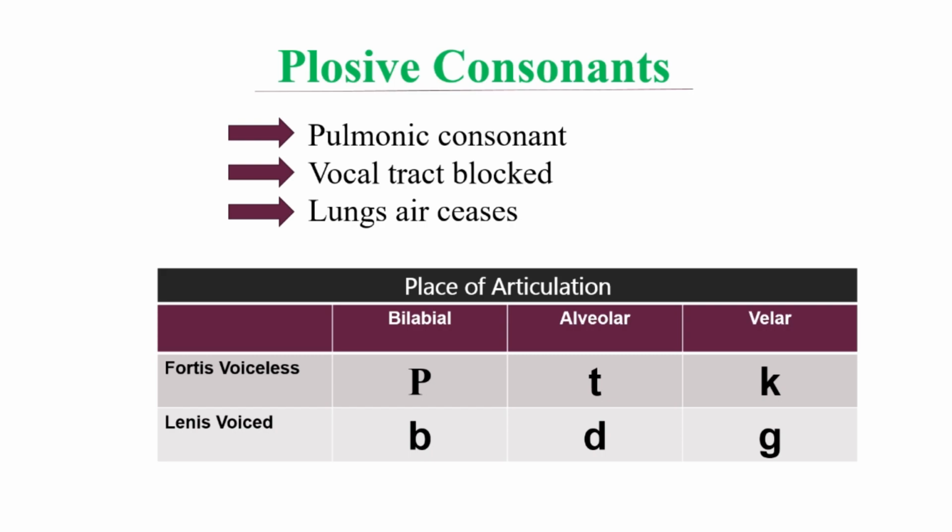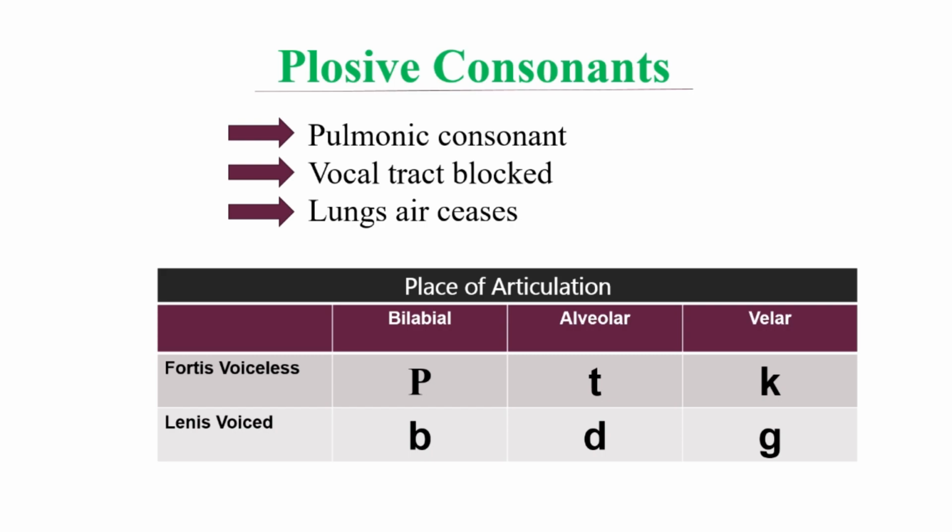You see on the screen that pa, ba is a bilabial sound, ta, da is an alveolar sound, and ka and ga are velar sounds. And you also see two terms, fortis is voiceless and lenis is voiced. The first three are considered fortis, voiceless, and the second three are considered lenis, voiced.